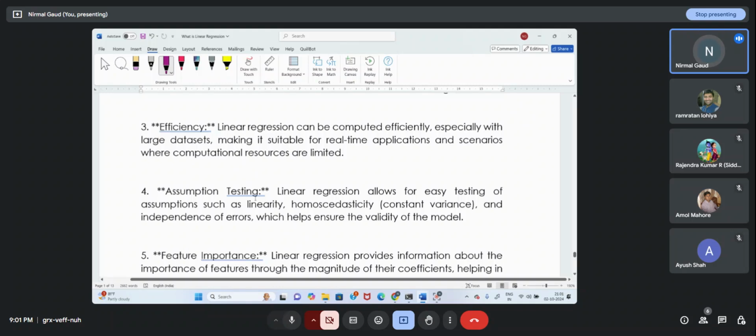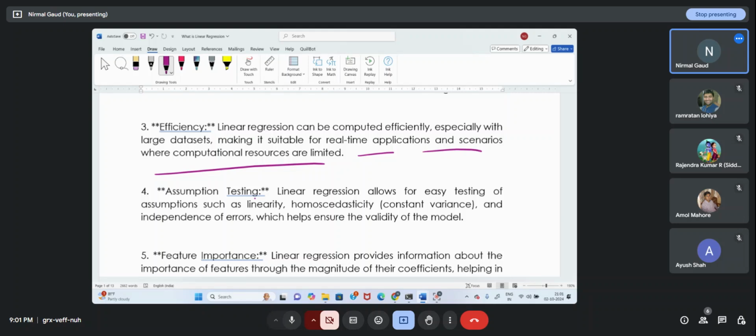Efficiency is good for linear regression. It is suitable for real time applications. And what I know is that in the industry, linear regression is widely used by organizations that look at sales prediction.